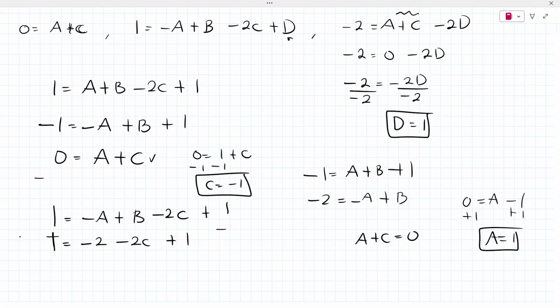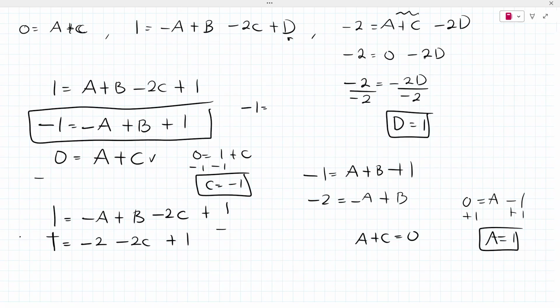Now what about b? I think we could put it right here. You have -1 equals -a plus b plus 1. And then my a value is 1, so it's going to be -1 plus b plus 1 equals -1.